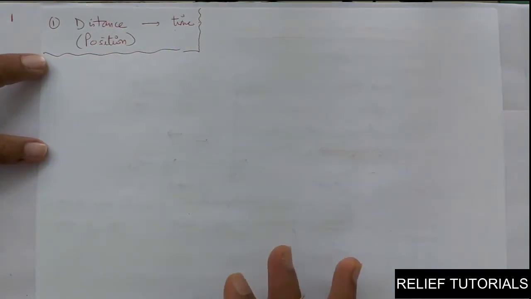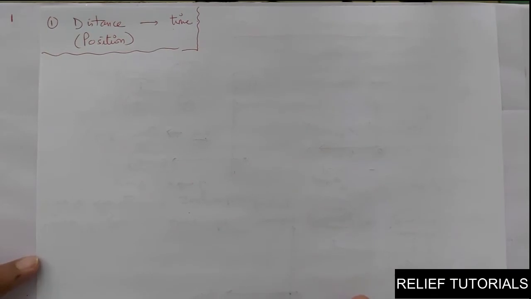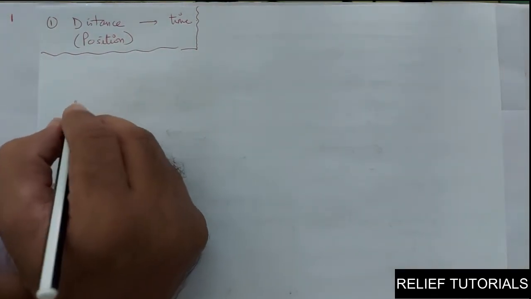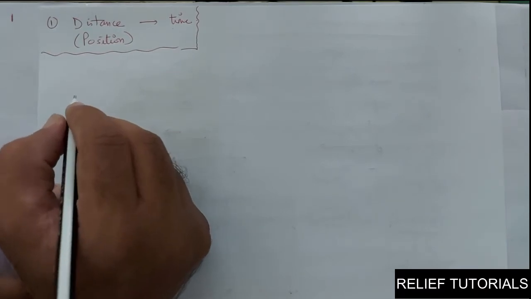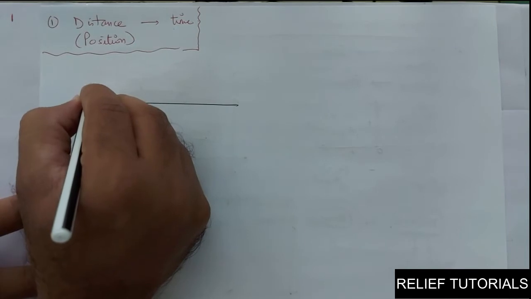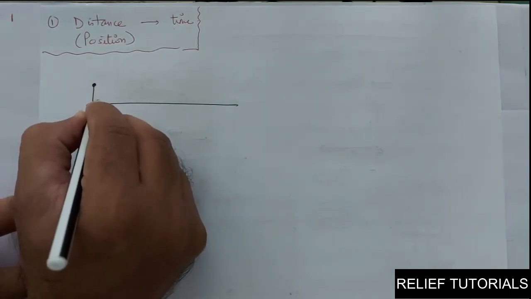Let us take one example to represent this so we can understand the whole concept. Consider a particle. Here is the pole, and here is a car, C for car.